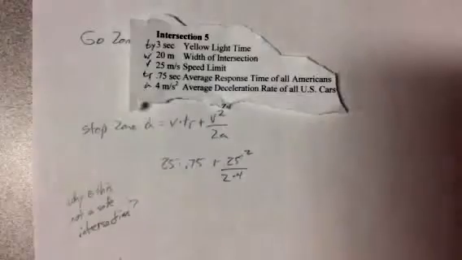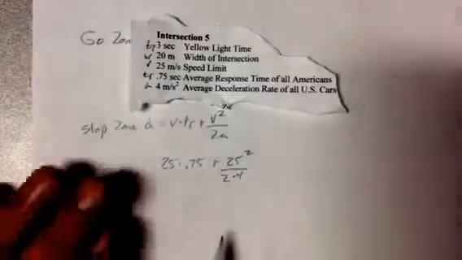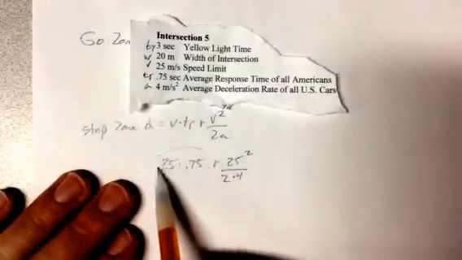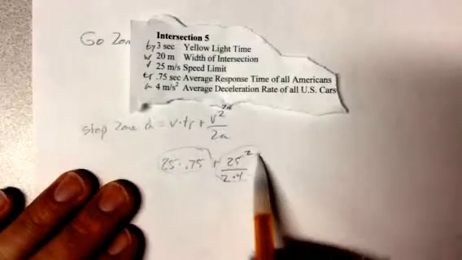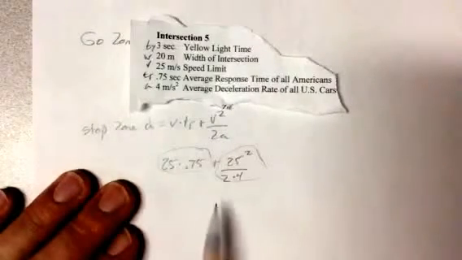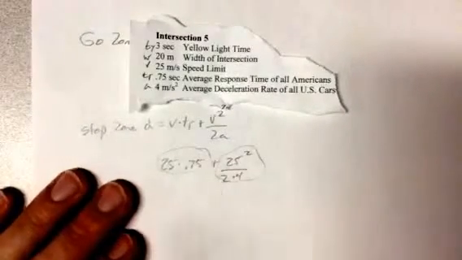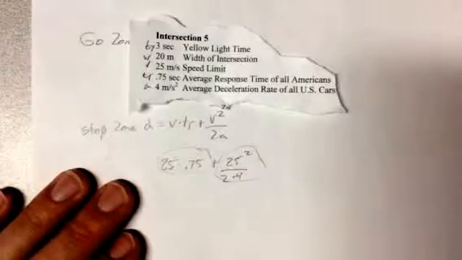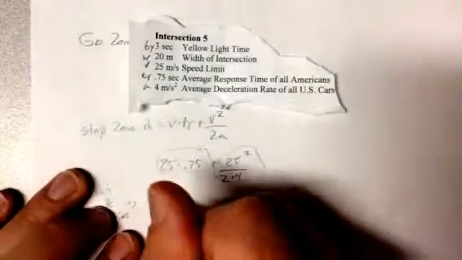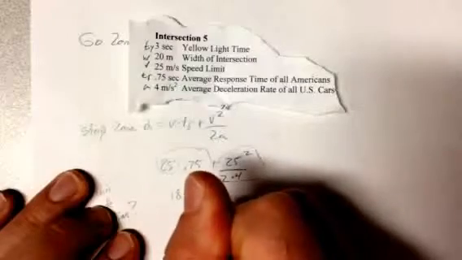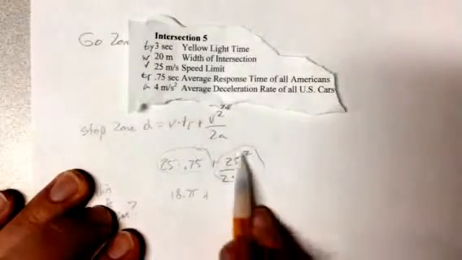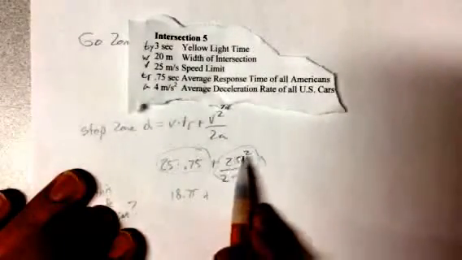Okay, I like to think of this as 2 different problems. Here's problem 1, and then here's problem 2, and then we're going to add them at the end. So in my calculator, I'm going to do 25 times 0.75, and over here I get 18.75 plus, and now over here we have to do your exponent first.